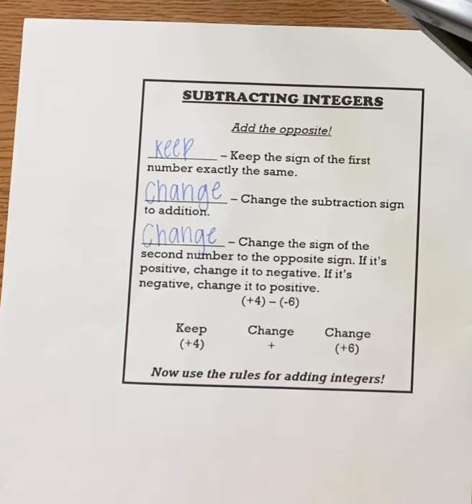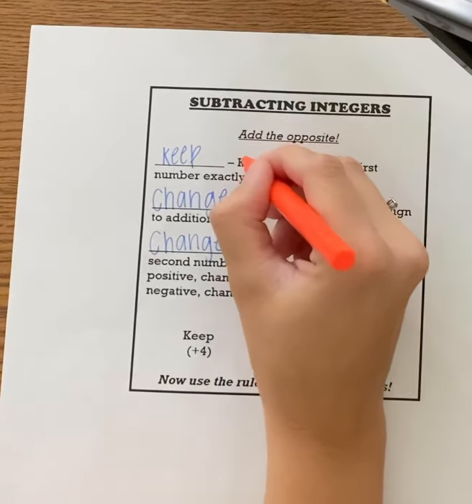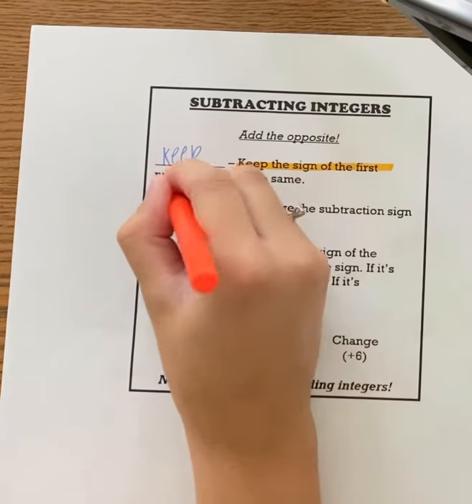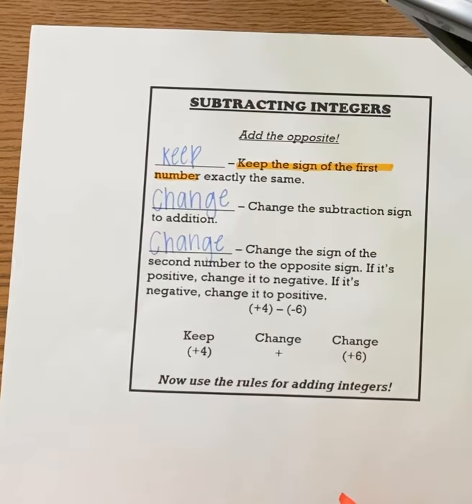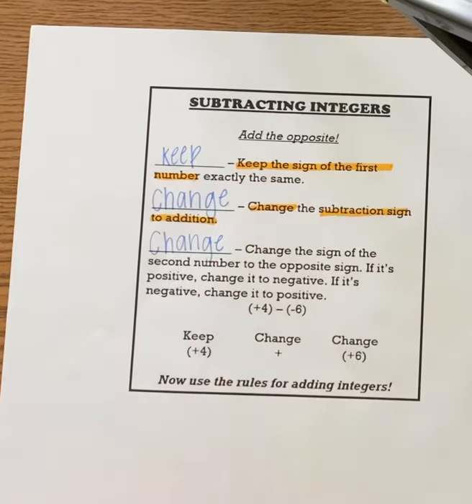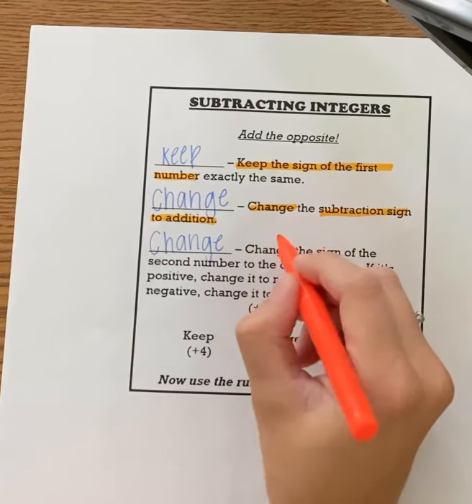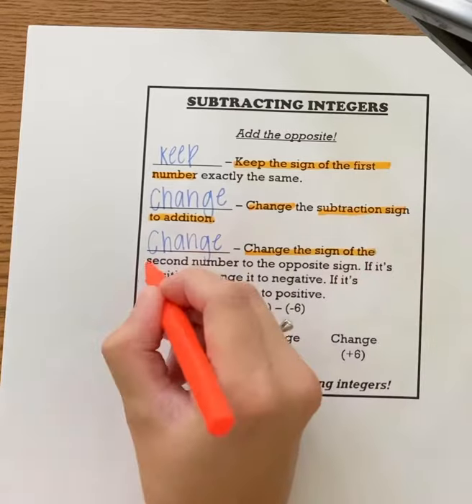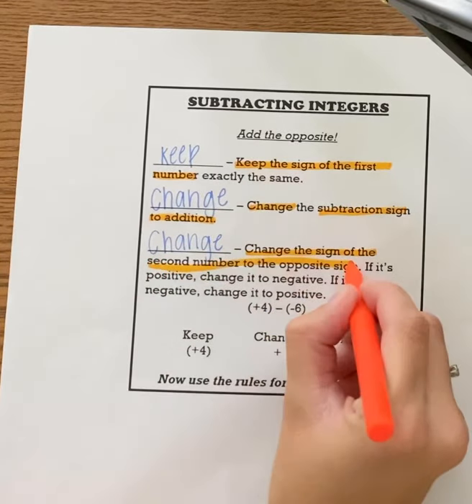So before I even move on, I'm going to go back through with a highlighter and highlight those important words that stick out to me and show me really how to subtract integers. So you have to keep the sign of the first number. So keeping the sign of the first number, you change subtraction to addition, and you change the sign of the second number to the opposite sign.